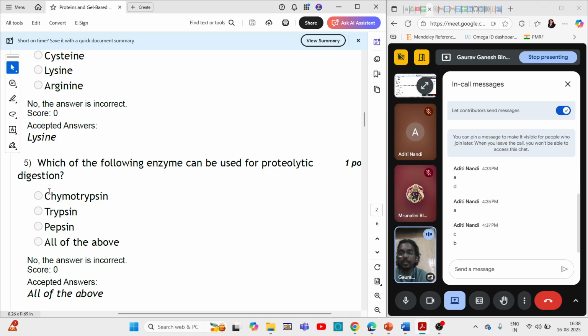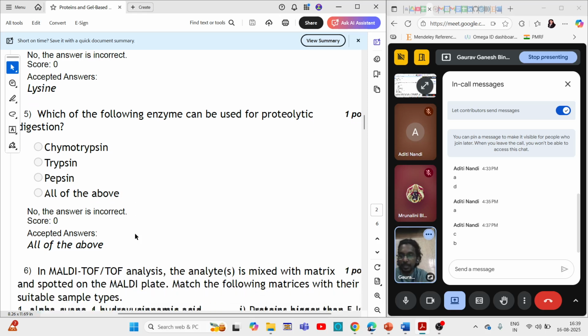These enzymes work in different ways, so according to that, you can use any of the proteolytic digestions. So all of the above is the answer and not trypsin only. Although in the lecture we took an example of trypsin digestion, we can use any of them.